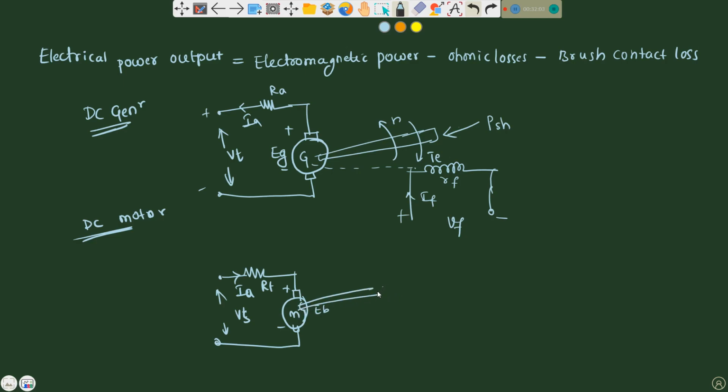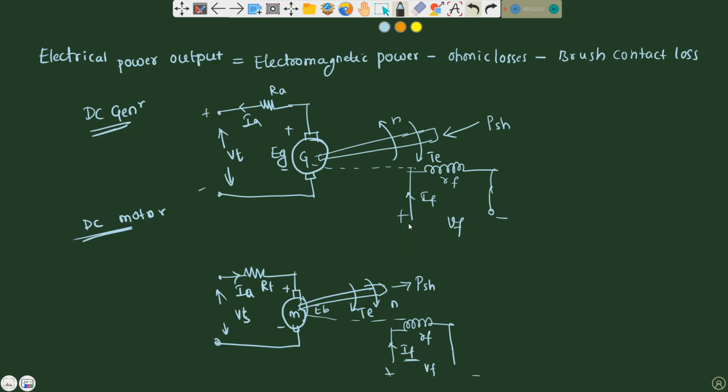So here electromagnetic torque and the speed will be in same direction. You are getting shaft output power. So mechanical work is done here, okay. So you will be having field windings here. This is resistance field winding, and for that you are giving a field applied voltage, the DC format, and you are getting field current, okay.